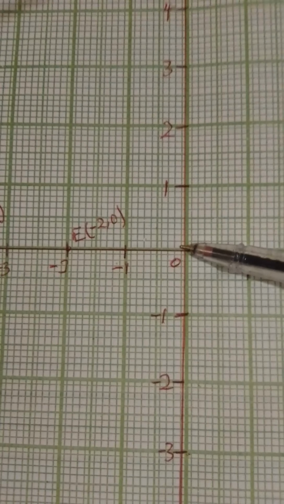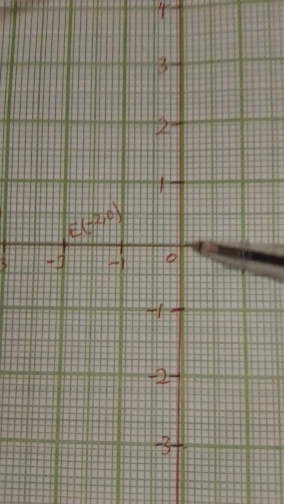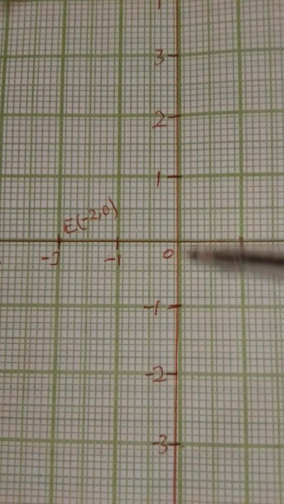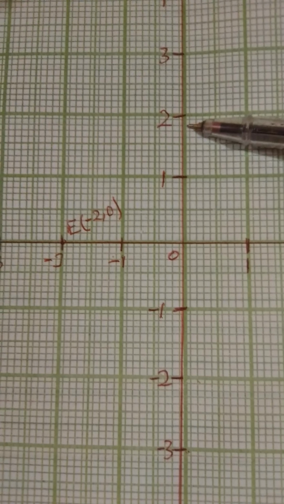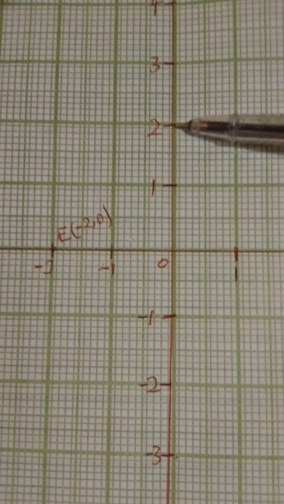We also have to label the y-axis. We start from the origin, which is 0, already labeled. We use the same scale, 2 cm representing 1 unit, another 2 cm representing the next unit, which is 2, and so on.